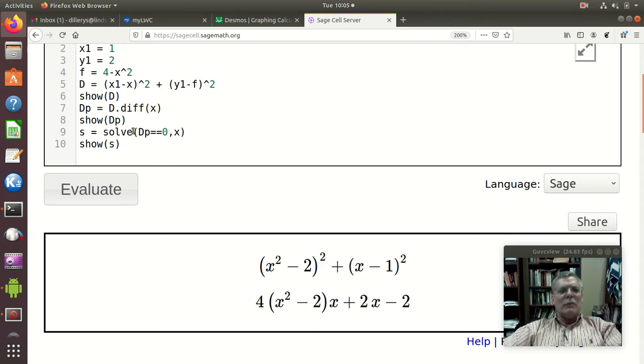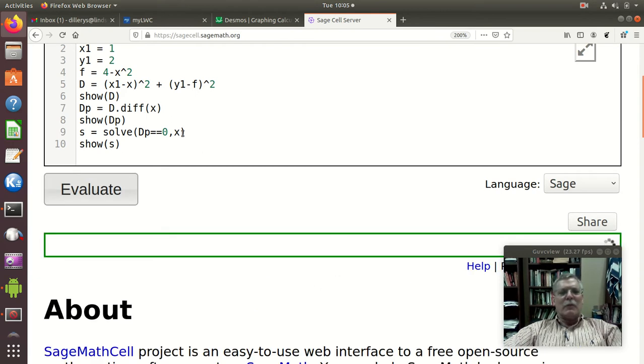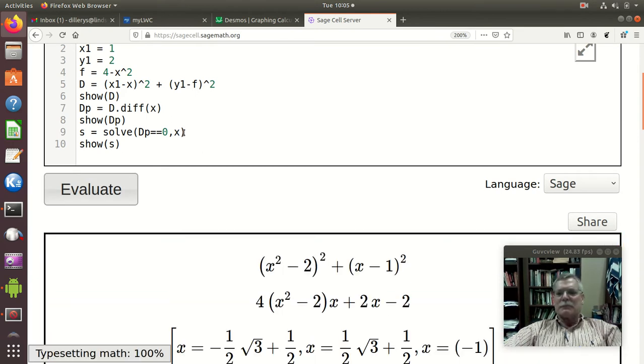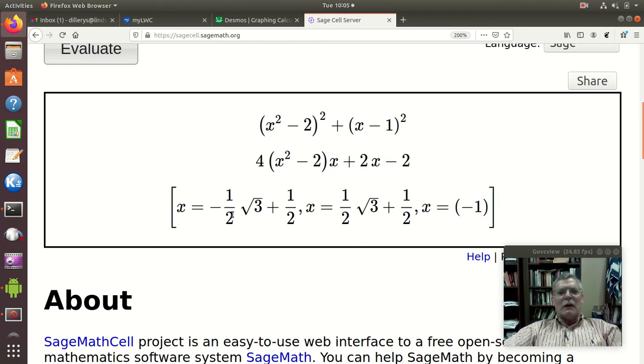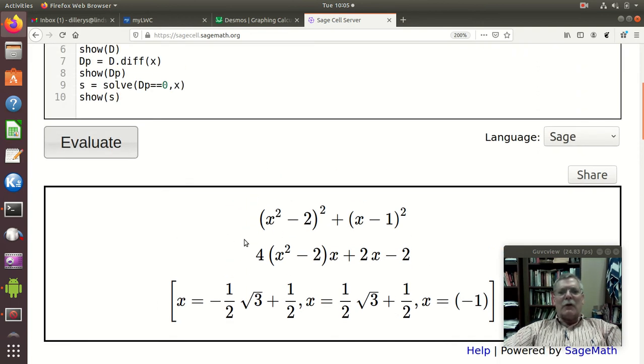And as I remember, we should have something like 1/2 plus and minus the square root of 3 over 2, and negative 1, I think, were the answers. And yep, so 1/2 minus square root of 3 over 2, 1/2 plus the square root of 3 over 2, and negative 1. Okay, so there are those.